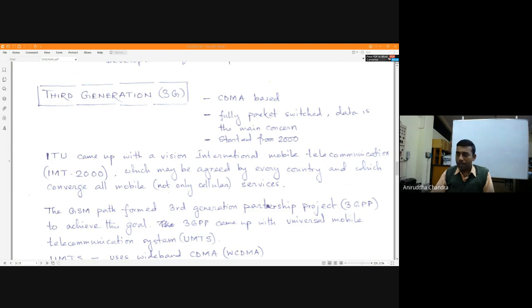So that was the lesson we got from 1G. We also got the idea of a combined wired and wireless network. The towers are connected to a central station via wired networks, while wireless links are between the towers and the mobile stations.